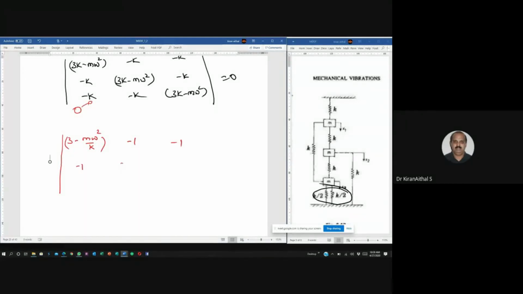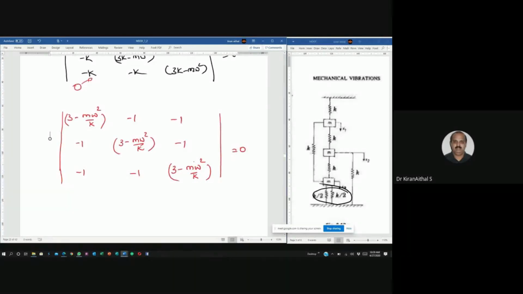Again, in place of this 3 minus m omega square by k. See properly here, it is again minus 1, minus 1, minus 1, 3 minus m omega square by k is equal to 0.